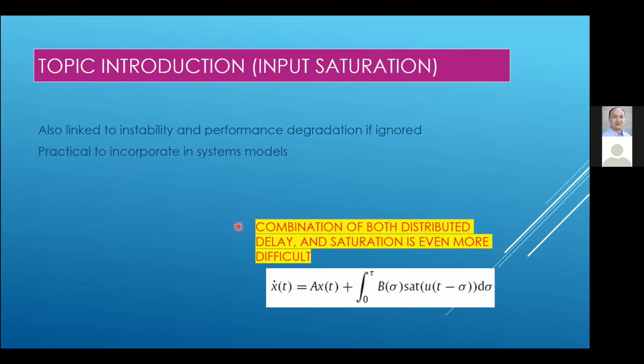And it's important to note that they are both complicated systems to model controllers for, but the combination of both the distributed delay and the saturation is even more difficult. And you have a case here of the system where we have saturation happening within the system with input delay, distributed input delay.